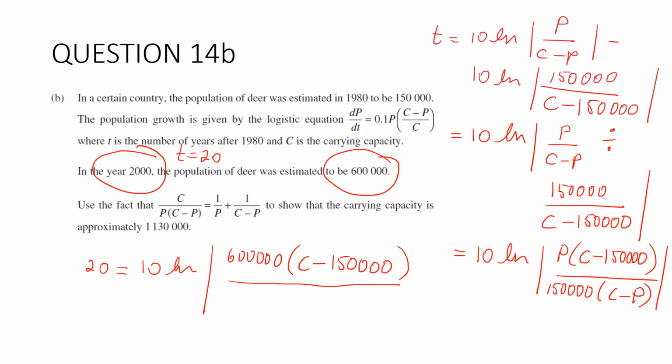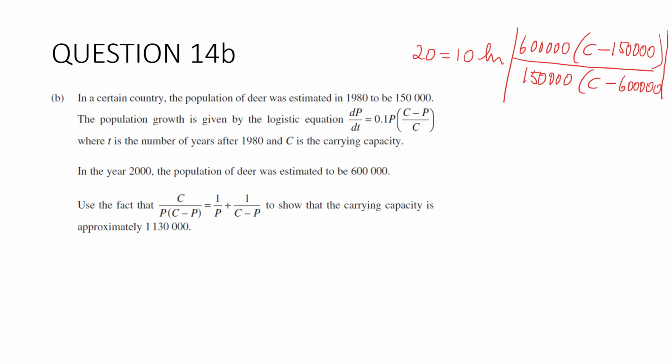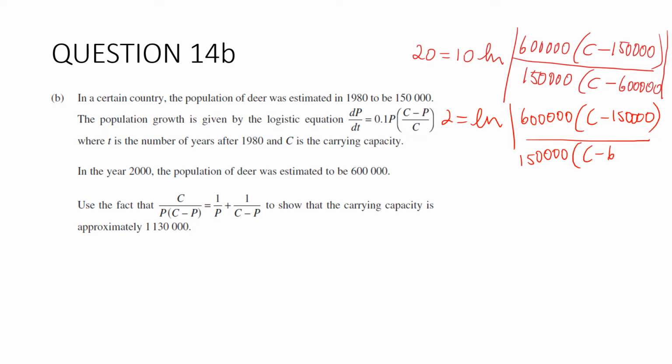All over 150,000 (C minus 600,000). Dividing by 10, 2 equals ln 600,000 (C take away 150,000) all over 150,000 (C take 600,000).